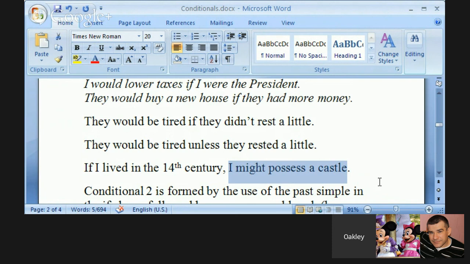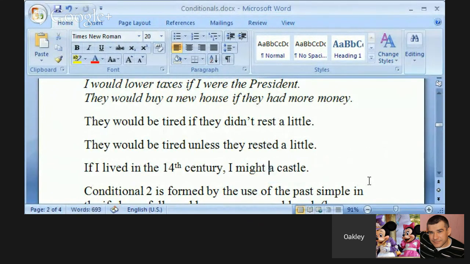Adam, go ahead. Can I use owned? I might owned. It's correct, no? I might own.